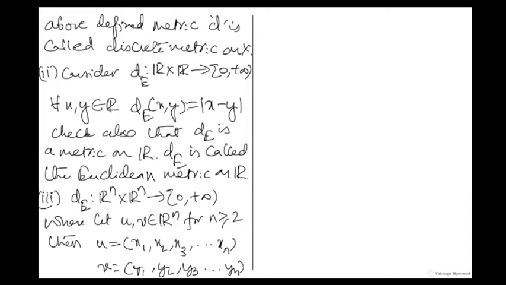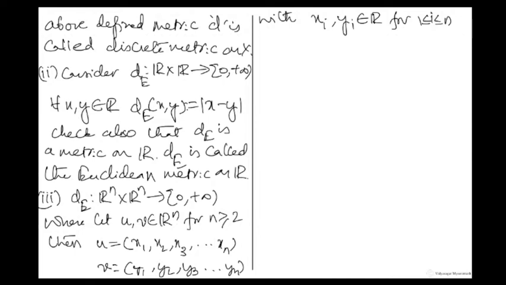So elements of R^n are ordered n-tuples of real numbers, where the xi's and yi's are real numbers for i lying between 1 and n.